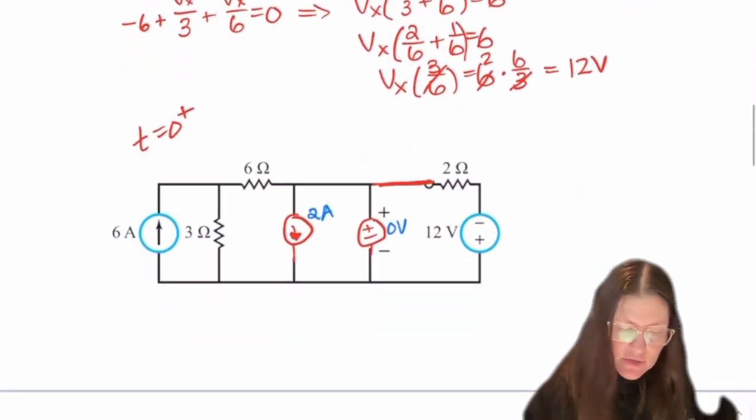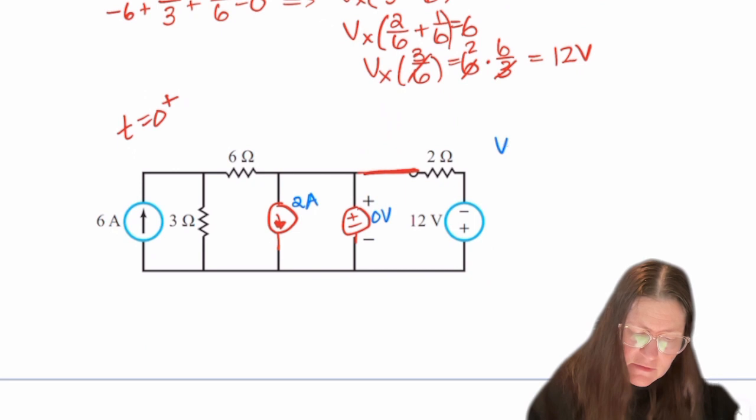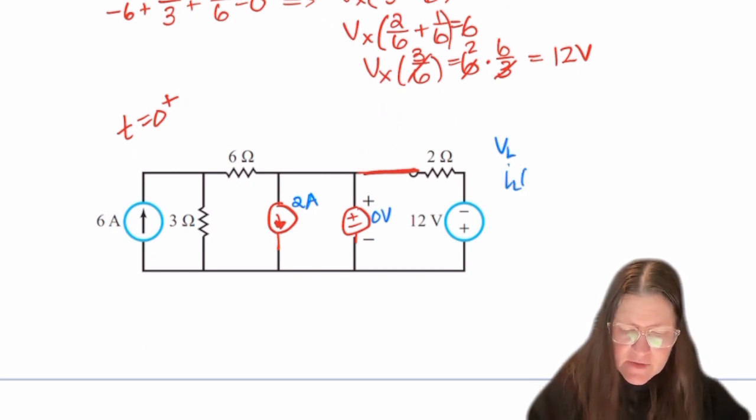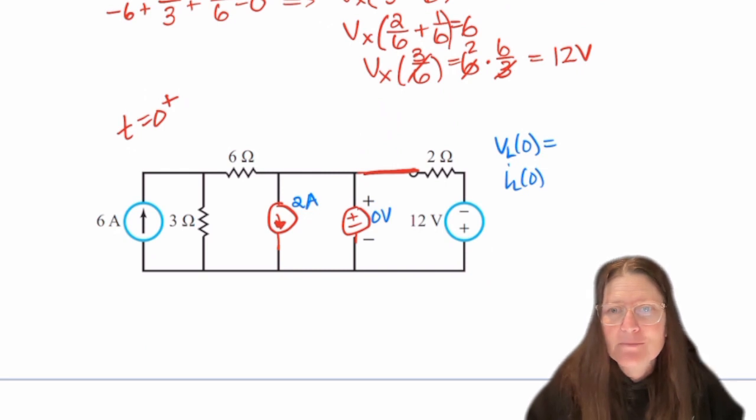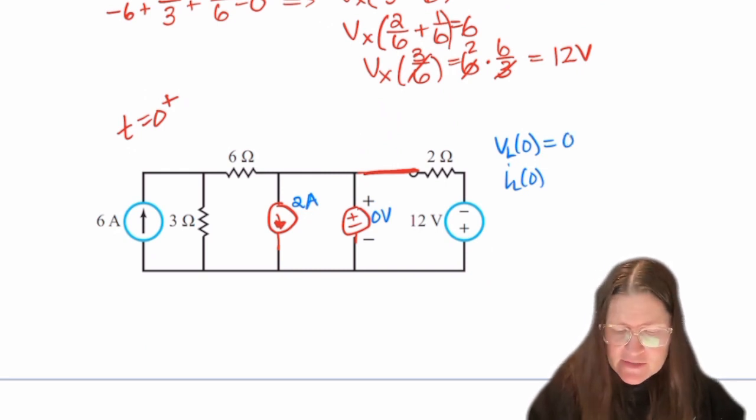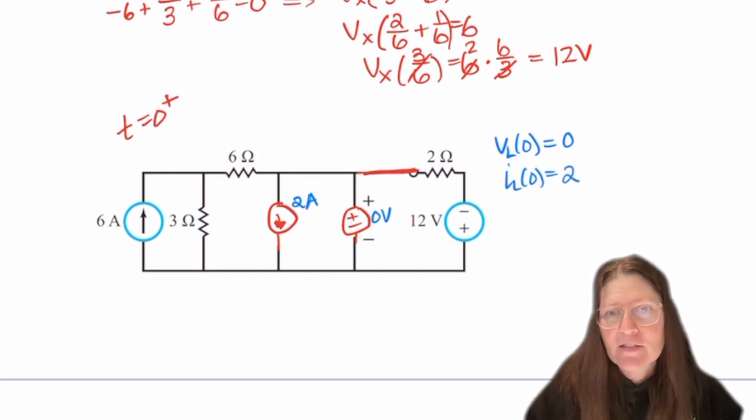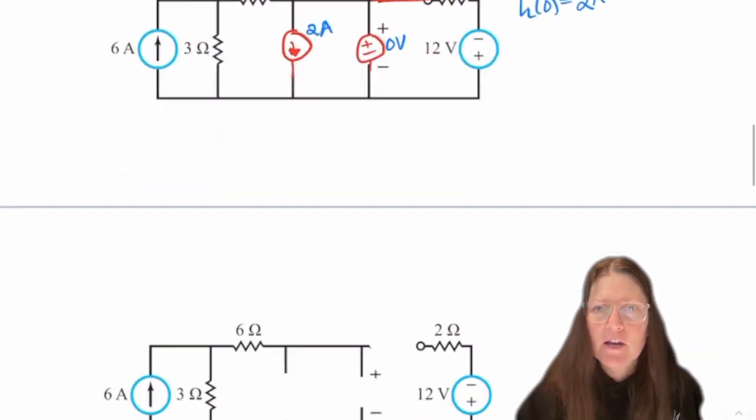And now I need to determine VL and IL. This circuit's a little easier in that VL is in parallel with that 0 volts, so that's 0. And then the current source is setting the IL, so that's going to be 2 amps. So those are my initial values for VL and IL.